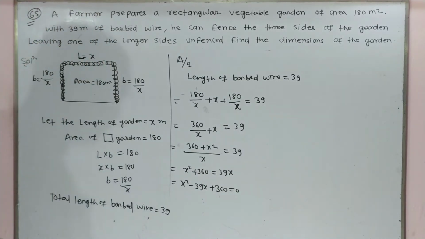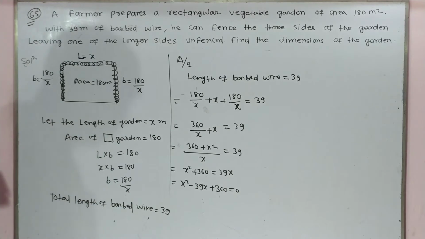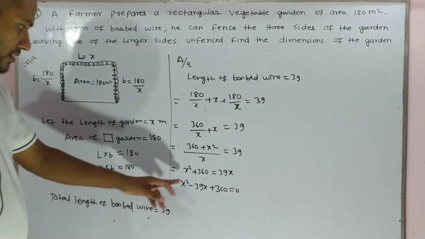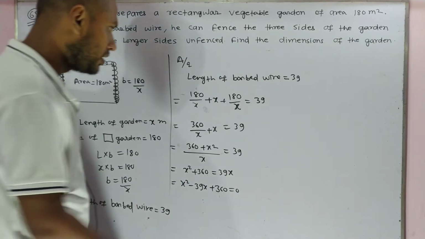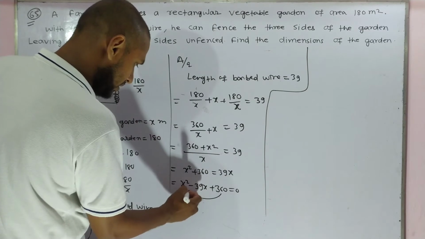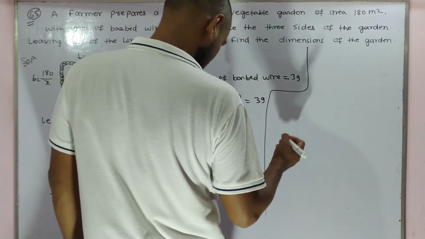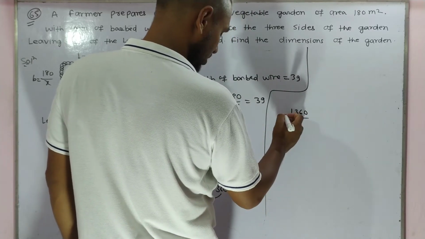We get a quadratic equation, and we have to solve it to find the value of x. The product is 360, and we have to factorize this 360.